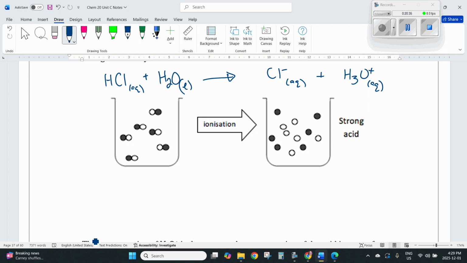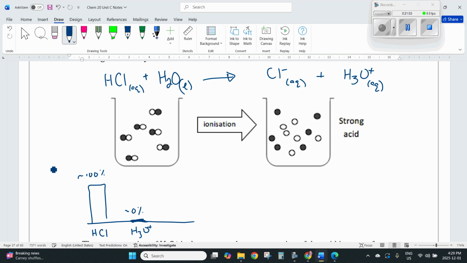So what we would see in a chart or a semi-graph: your HCl on your reactant side is going to be 100% existing as HCl. Your H3O plus is going to be near the bottom at around 0%.